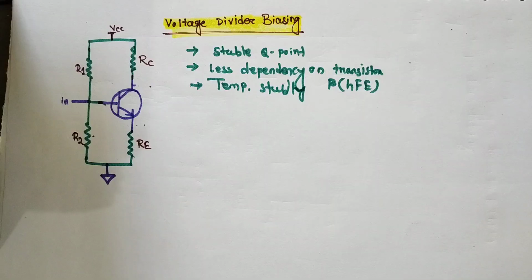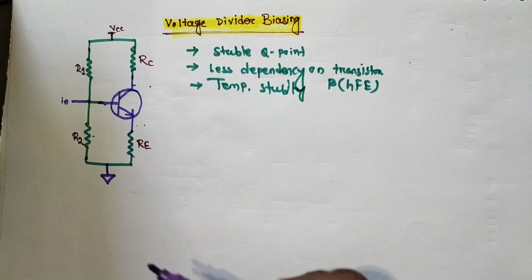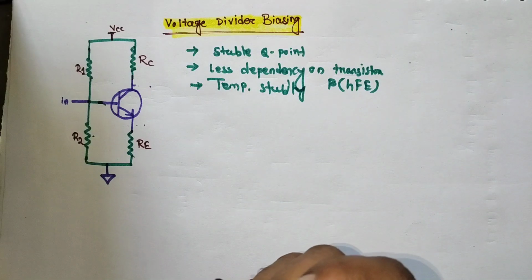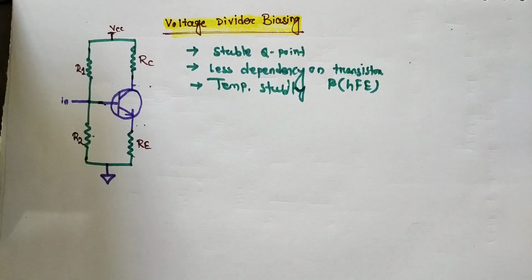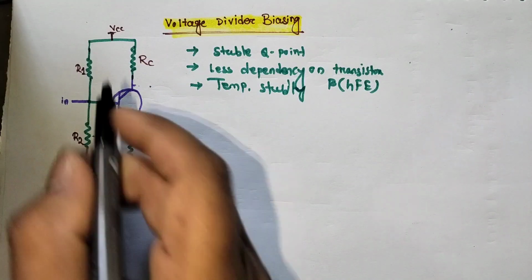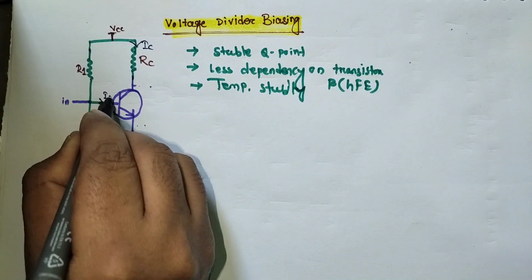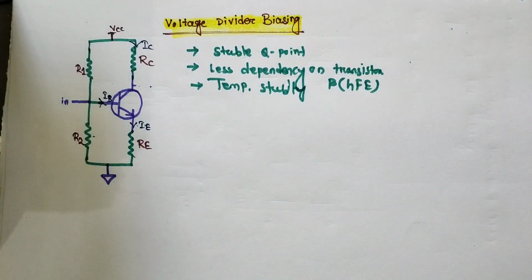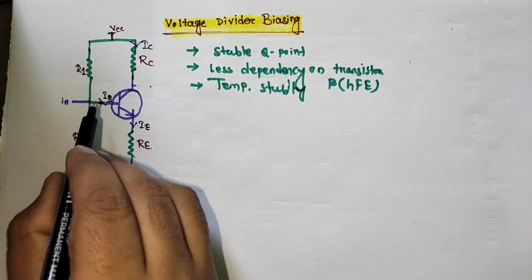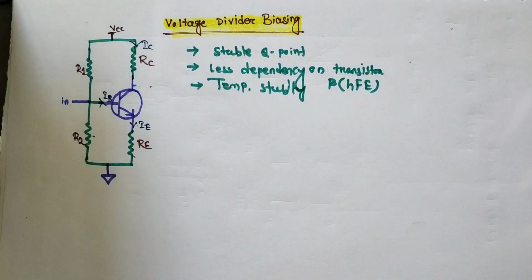First we describe how it will be designed. For finding this stable point, first you need to find the IB value. Let's assume this is R1, R2, and RC, RE. Here is the IC, here is the IB, here is the IE.